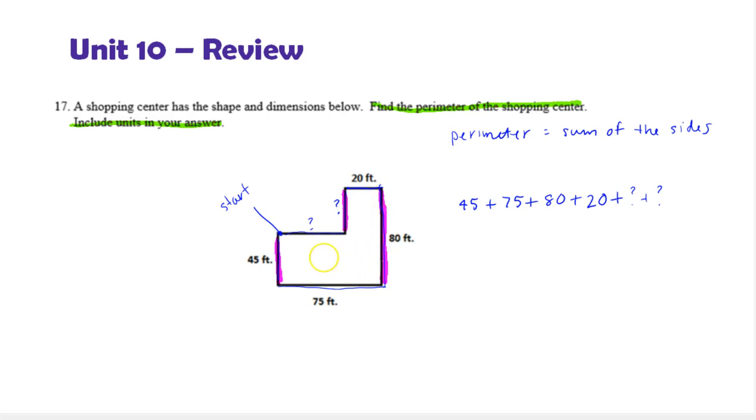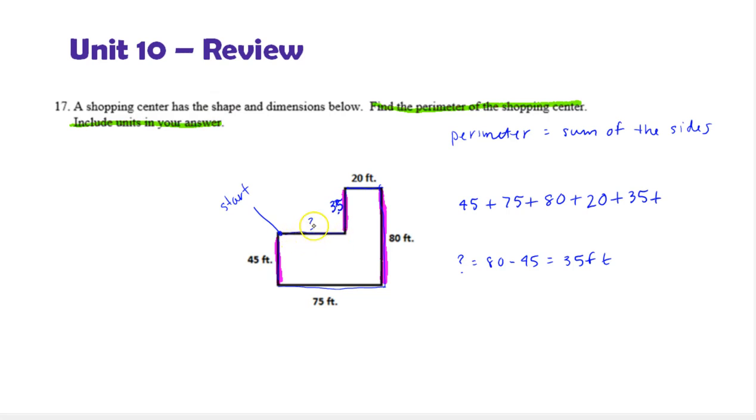So 80 minus 45 is another way to find this. So the first one is 80 minus 45 feet equals 35 feet. So now I'm going to replace this question mark with a 35 and also label it here just so we have it.